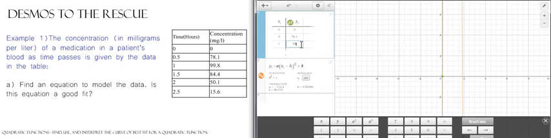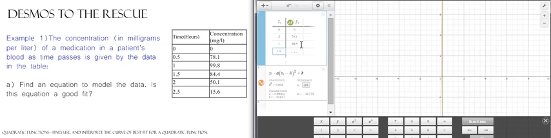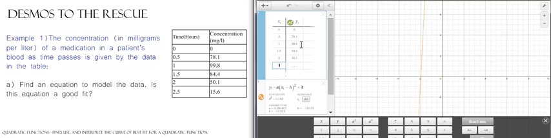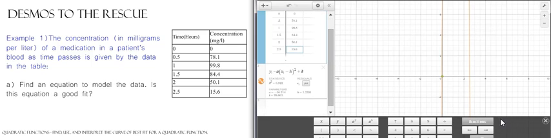And once we get all of those typed in, we'll have a better idea of what's going on here. 84.4, 2, and 50.1, 2.5, and 15.6. There we go. Now, what's happened is Desmos has given us all the data that we need.